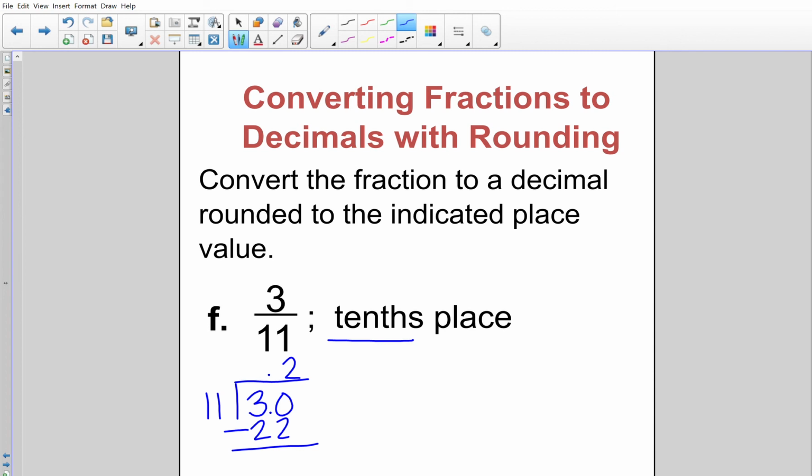I can do 30 minus 22, and I get 8. So 8 is going to have a 0, so I now have 80. 11 can go into 80 7 times. That's 77. And I can stop there. I just need the tenths. This 7 is going to round that 2 up to a 3, so my answer would be 0.3 as my rounded solution.